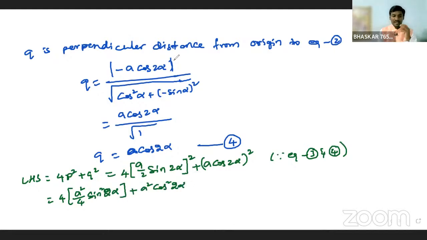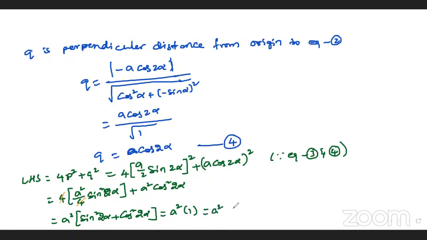Now we can cancel the 4 and 4. What is common in both? a square is common in both terms. Taking a square common, we get sine square 2 alpha plus cos square 2 alpha. Sine square theta plus cos square theta is 1, so a square into 1 is a square.